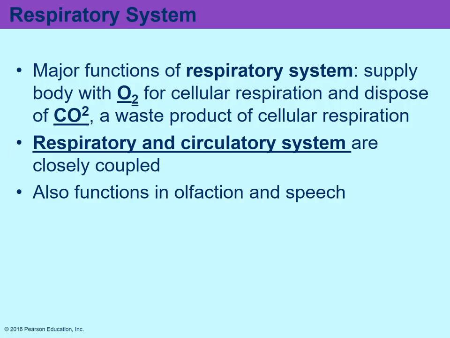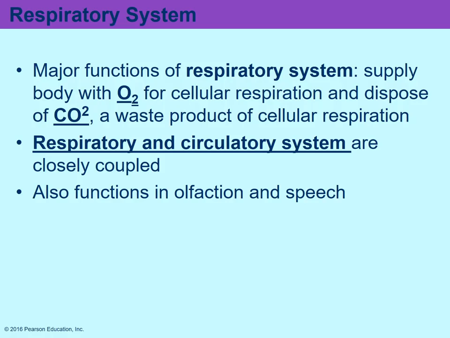The main purpose of the respiratory system is to help with gas exchange. You are trying to get oxygen into the tissues at the cellular level because it's required for certain metabolic processes to produce ATP, which is energy for the cells to carry out all the different reactions.